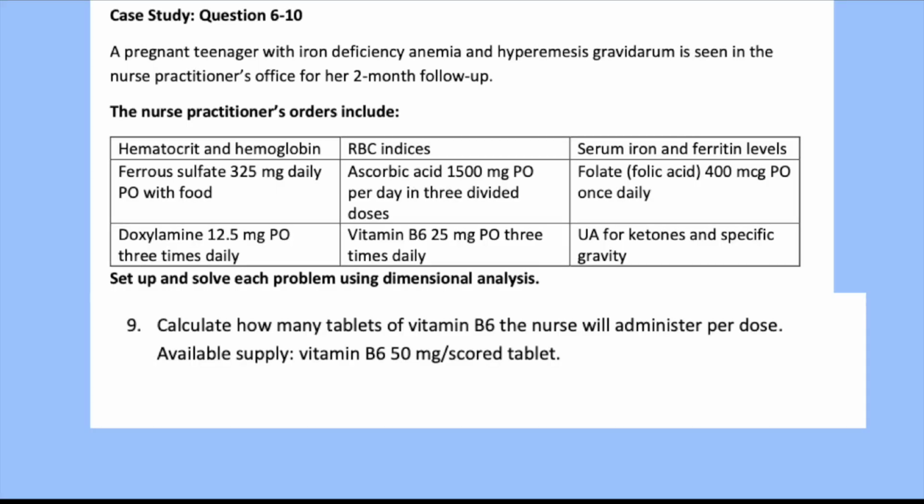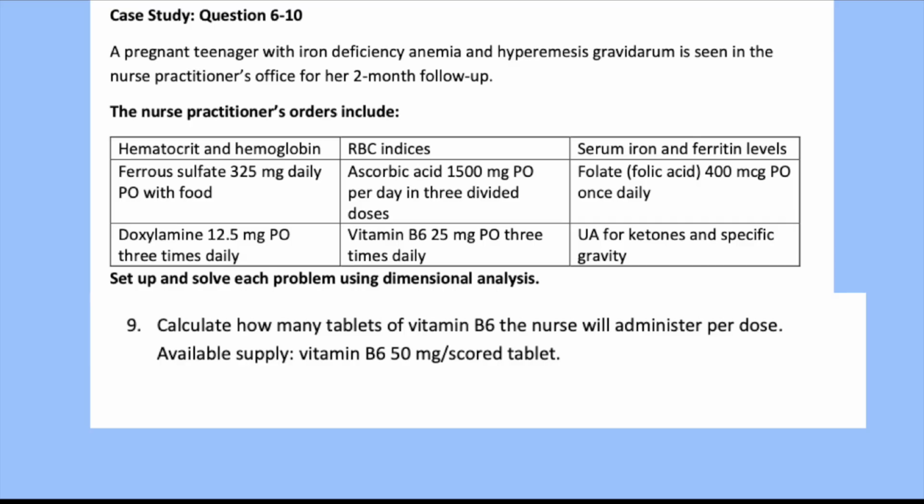All right, and then number 9, almost there, we're at number 9. So number 9, what's available? We have 50 milligrams per tab. Order for B6 is 25 milligrams 3 times daily. So 25 milligrams. So once again, we're looking for tabs.